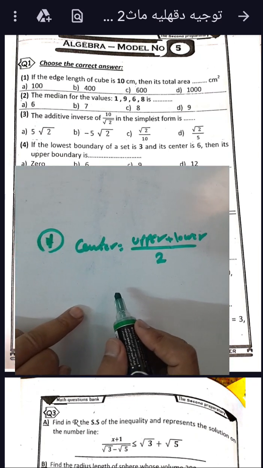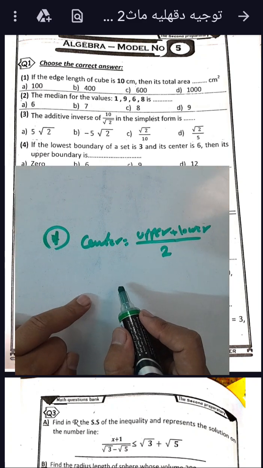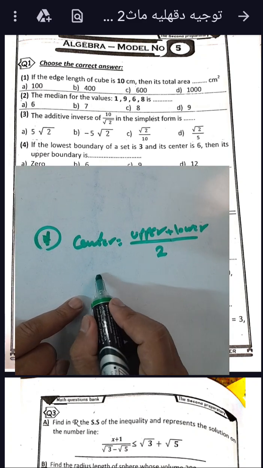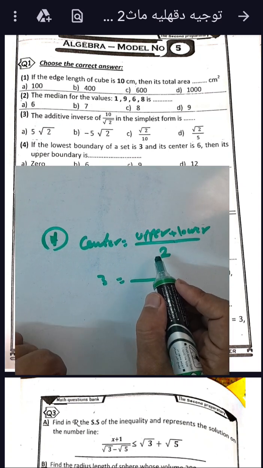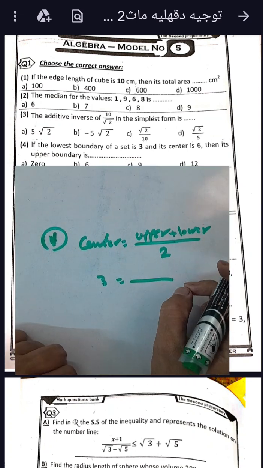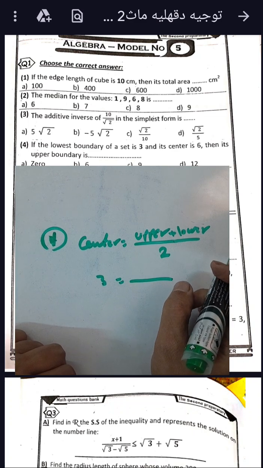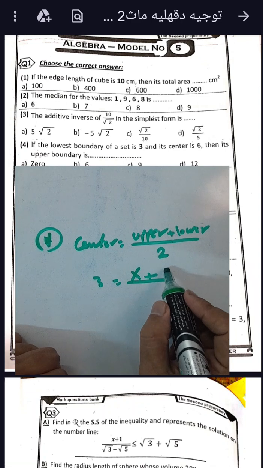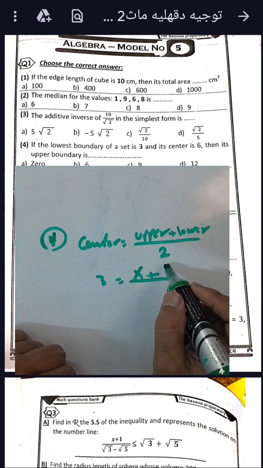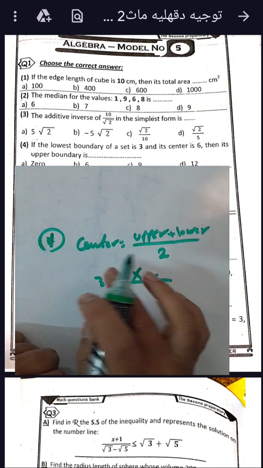He gives us the center in this example. We put x to represent the upper boundary, and the lower boundary here was what? He gives us the center again.